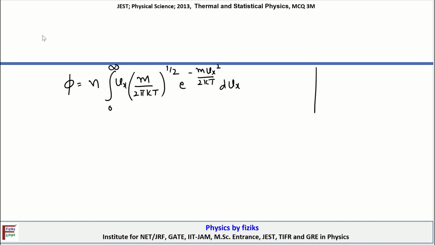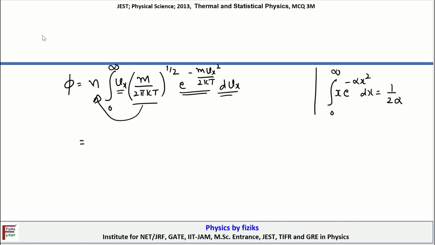Here we can take the m upon 2 pi kT term outside, and we make use of the result that the integral from 0 to infinity of x exponential minus alpha x square dx is equal to 1 upon 2 alpha. Here Vx is the variable, and the rest is a constant, so it will come outside.